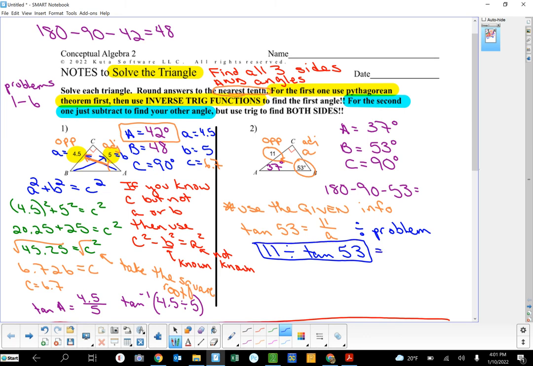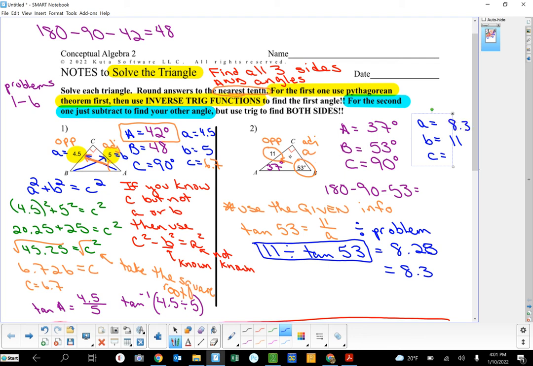And I'm going to get 8.28. And so if you are answering to the nearest tenth, we're going to say that's about 8.3. And so we have sides A, B, and C. And we know B, little b, is given as 11. We just found A to be 8.3.